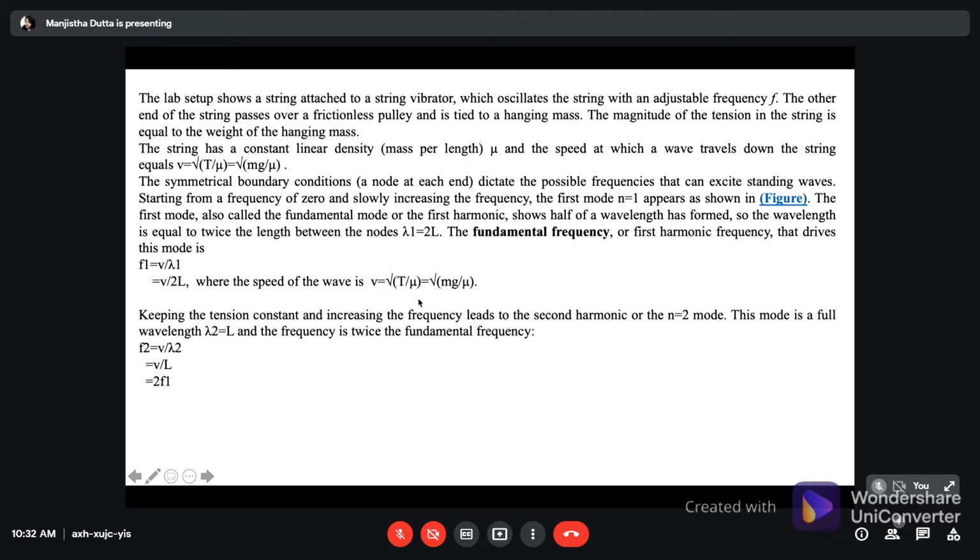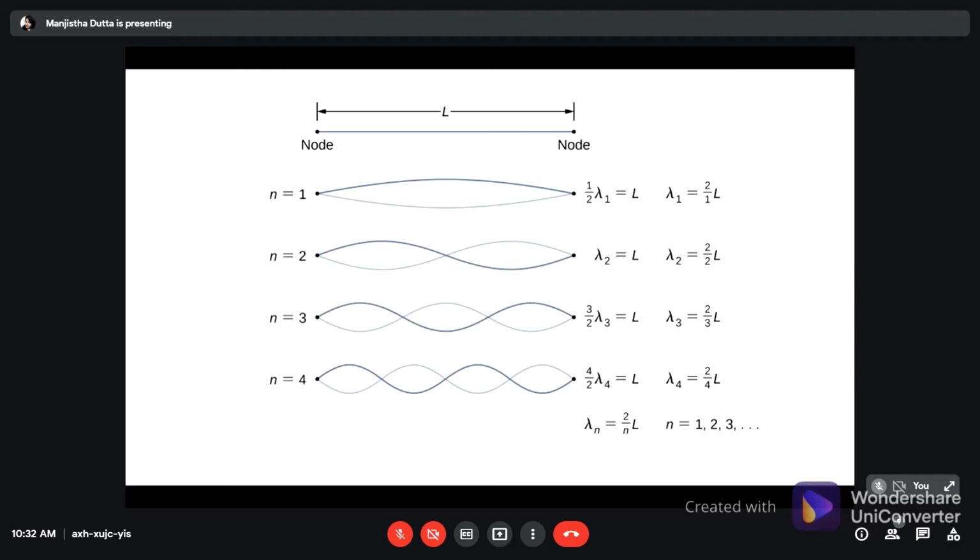We have already derived this in our previous class. So v by twice L gives you the frequency of the first mode, and this is called the fundamental frequency. This n equal to 1 mode gives you the fundamental frequency.